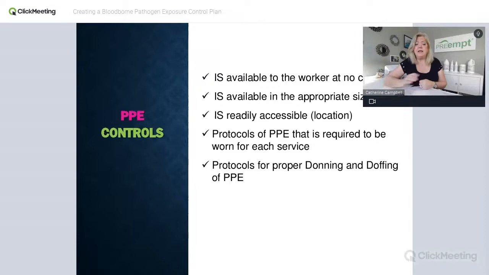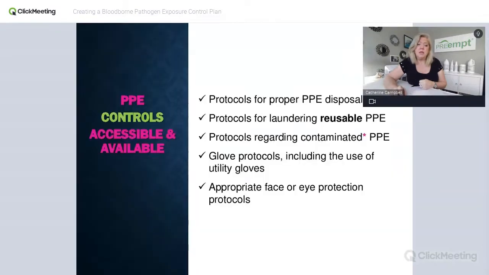Protocols for proper donning and doffing of PPE. Protocols for proper PPE disposal. Protocols for laundering reusable PPE. Protocols regarding contaminated PPE. Now, this can mean how you're going to launder that contaminated PPE, how you're going to dispose of that particular contaminated PPE, or do you send out contaminated PPE to a laundry site?